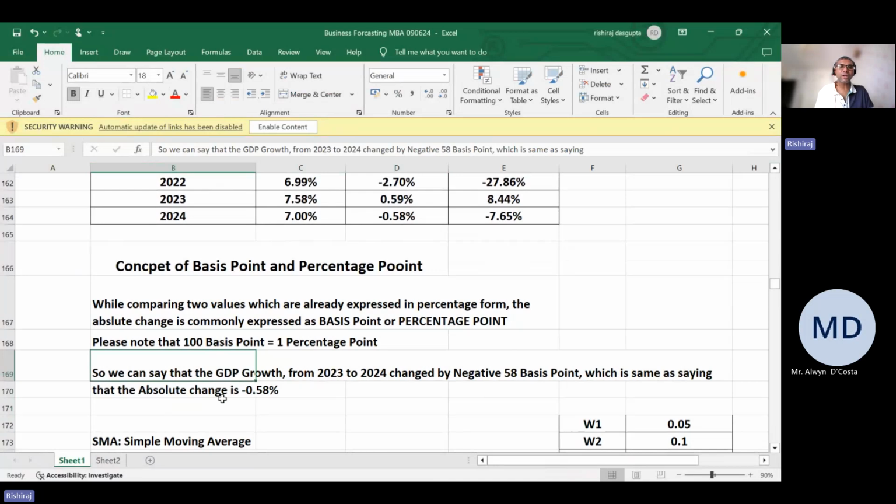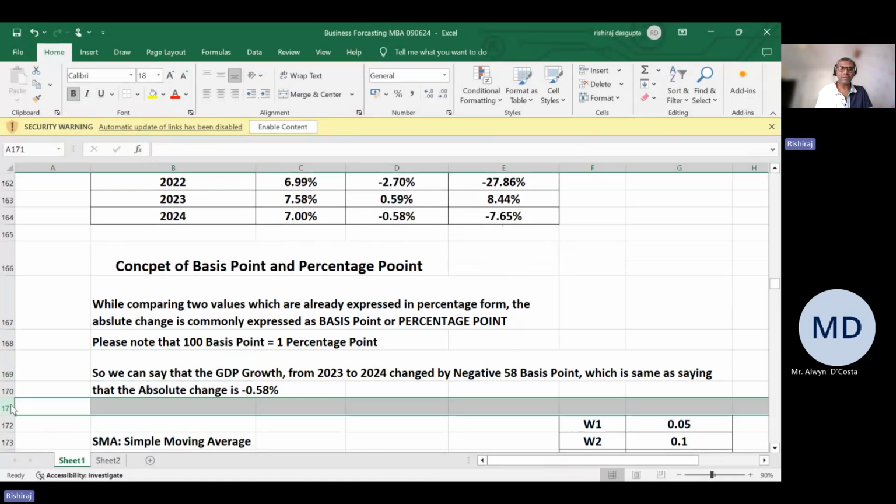So absolute change we compare in basis points or percentage points, but relative change is always expressed as a percentage. For relative change, we say it's a 7% change, but the absolute change is 58 basis points.